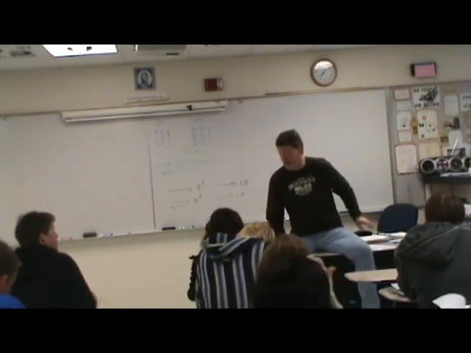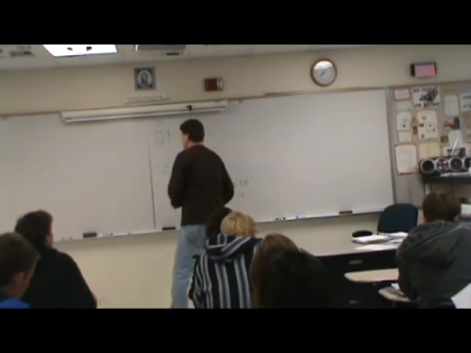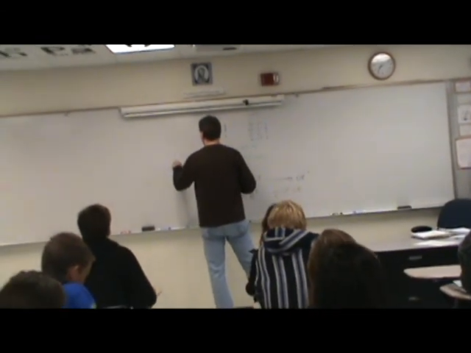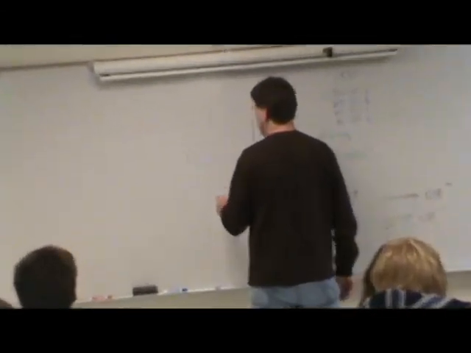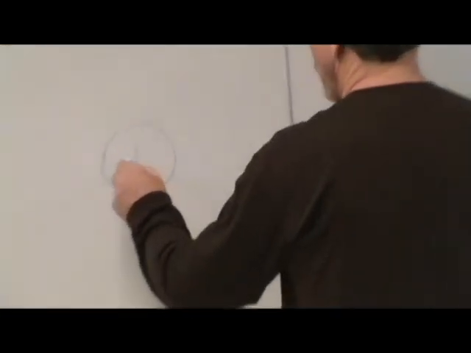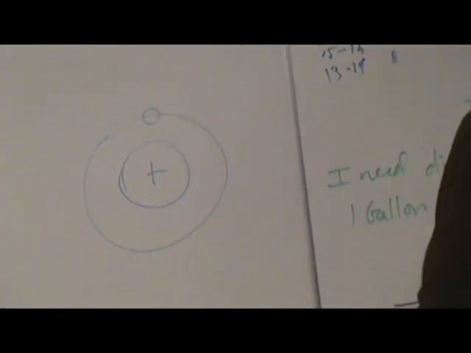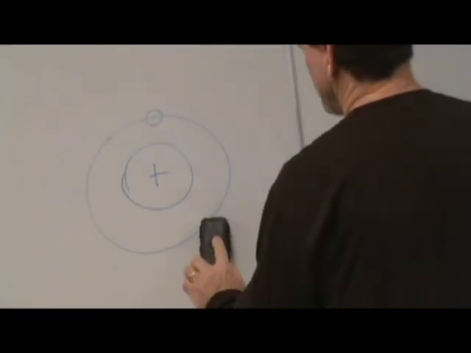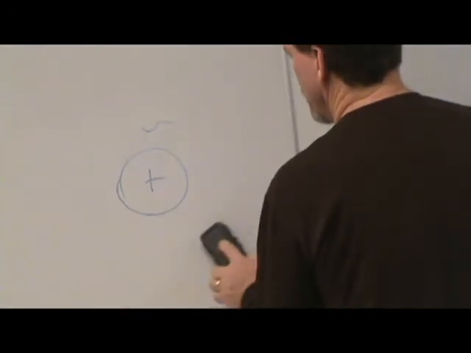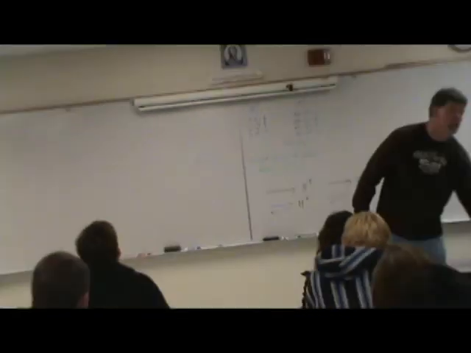It's also considered a proton, because if you've got a hydrogen atom, how many protons does it have? One. How many electrons? One. If we ionize this and take the electron away, what do we have? A proton. That's all we got. So you could call it a proton as well as a hydrogen ion.